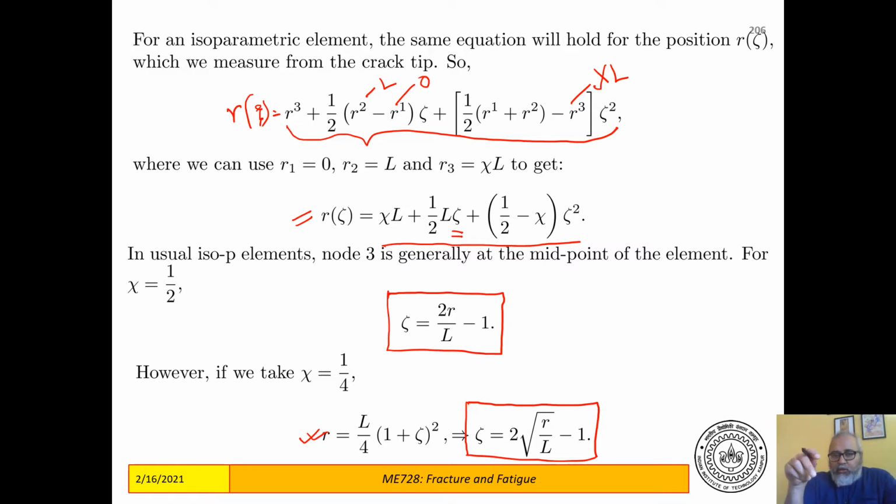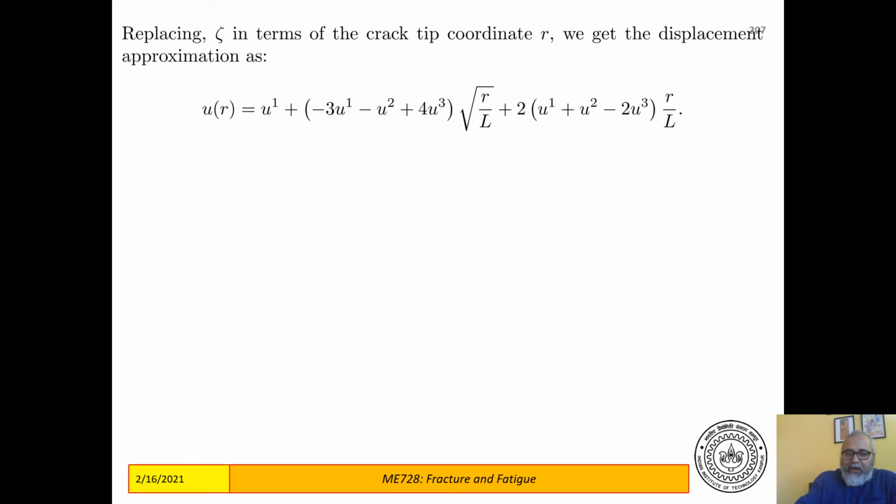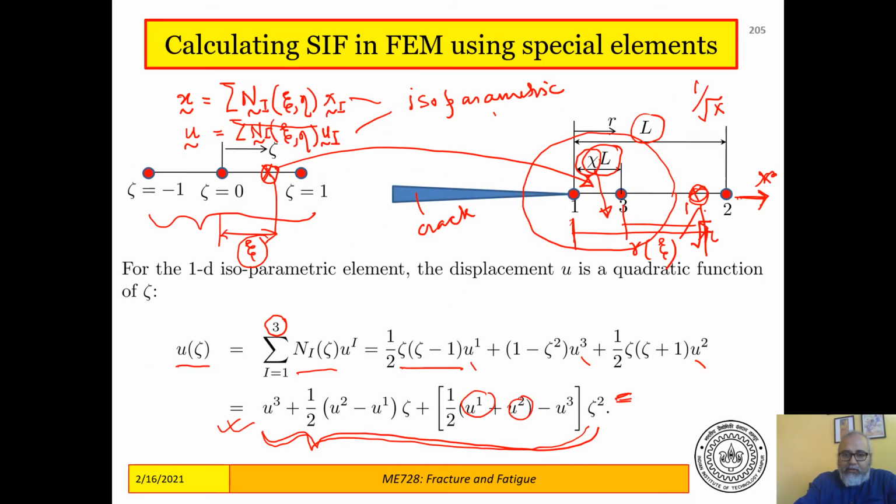Now let us put it back. For chi equal to 1/4, let us put it back in this equation and try to see what u is as a function of r.